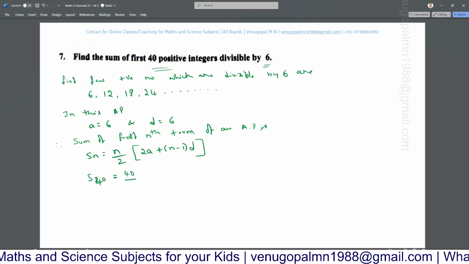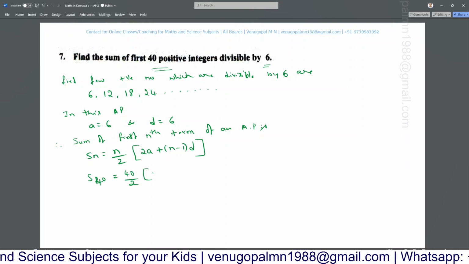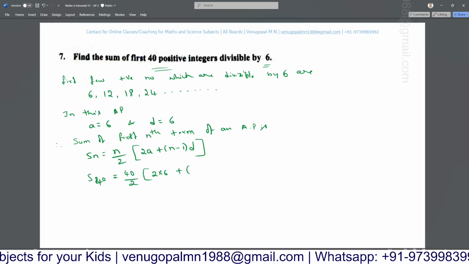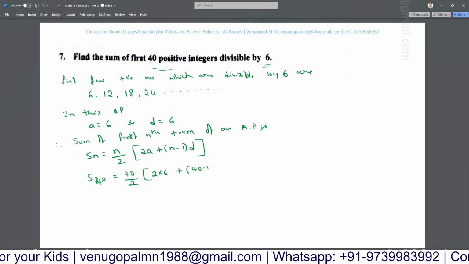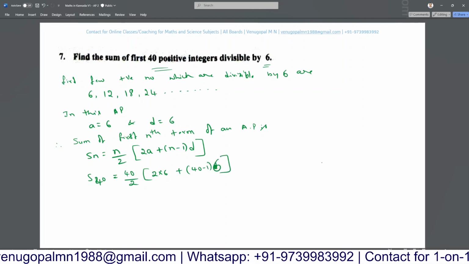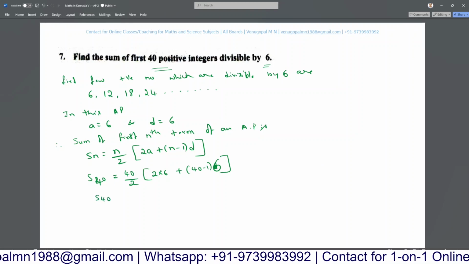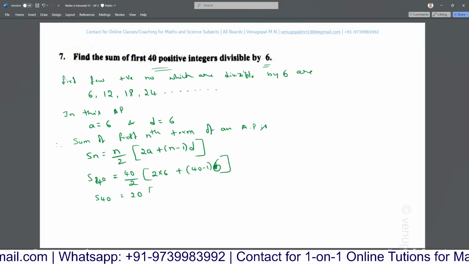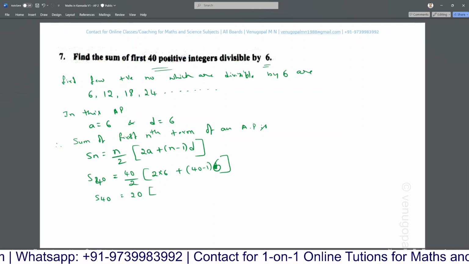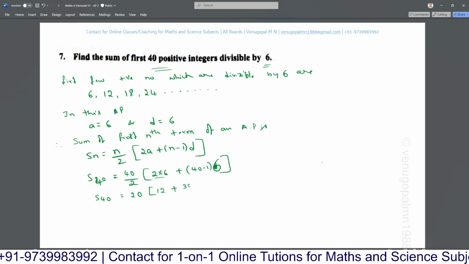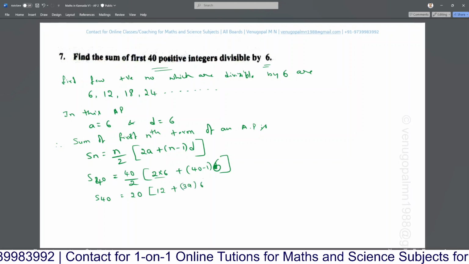So 40 divided by 2 into 2 into 6 plus n minus 1, which would be 40 minus 1, which is 39 D. D is again 6, correct? So now S40 would be 20 into 12 plus 39 into 6, correct?